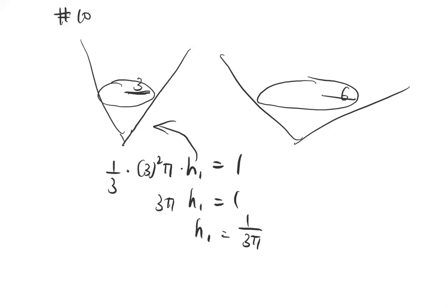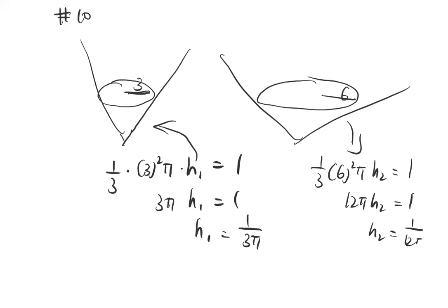For the other one, we do it in a similar fashion. It's a very straightforward problem. We can already get that h1 to h2 is 4 to 1. It's basically as straightforward as that.